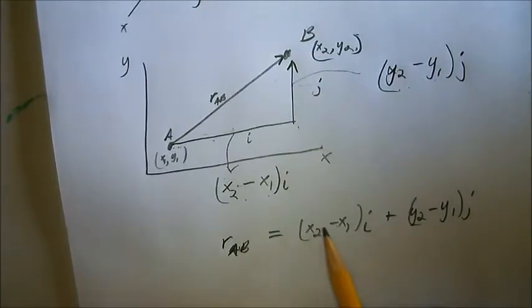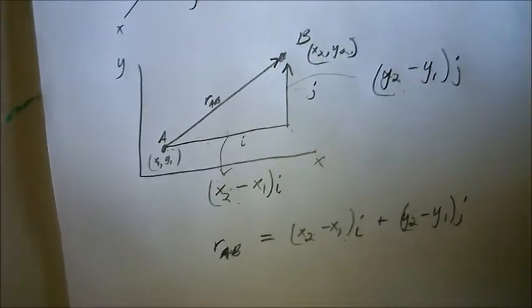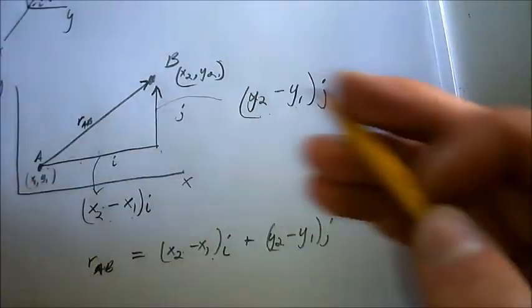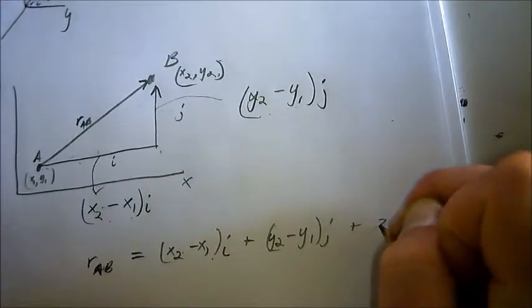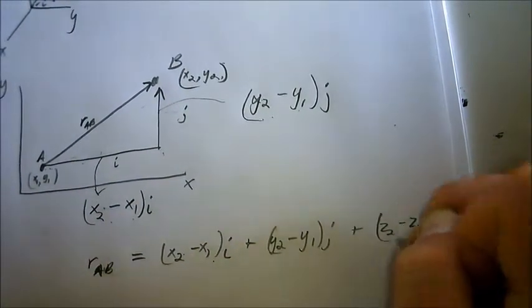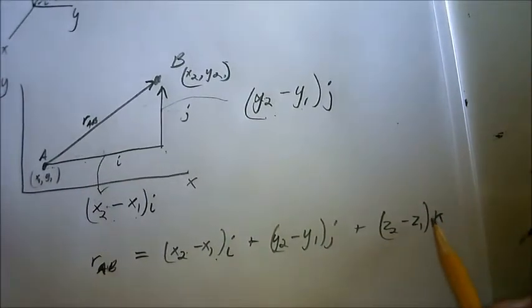So whenever you make up a vector in statics, you want to keep it in components of i, j, and k. If for some reason this was in 3 dimensions, you would just add on z2 minus z1 k, and it would continue on like that.